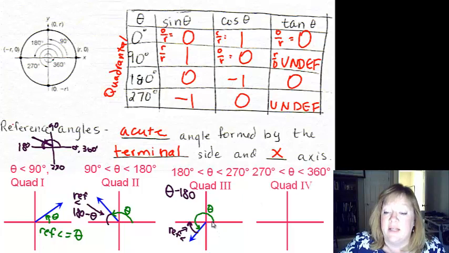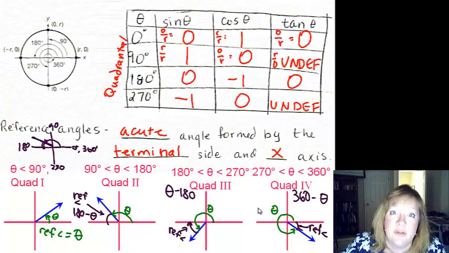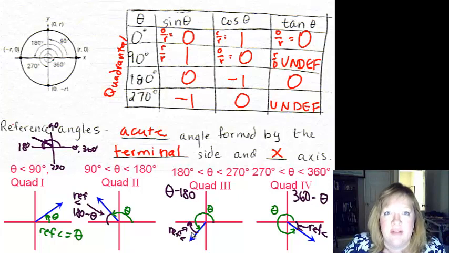And lastly, if it was in the 4th quadrant, all the way around there, to find the reference angle, you'd do 360 minus theta. If you can't do it intuitively, most people can look at it and go, okay, how much to get back to the x-axis, and they can find it that way. Notice we never use 90 and we never use 270 when we're finding the reference angle. It's always either itself, dealing with 180, or dealing with 360.